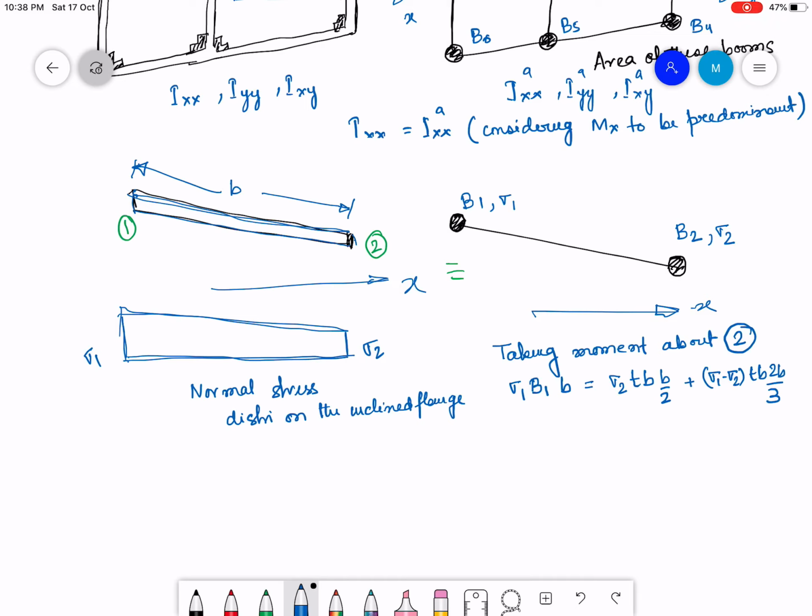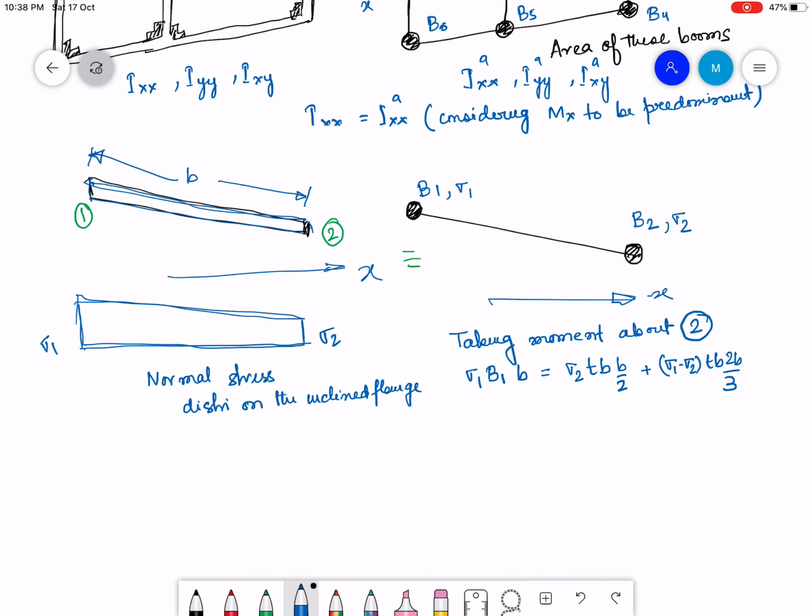So I am equating the moment produced by the boom about point 2 and the moment produced by the entire stress distribution on the inclined flange about point 2.